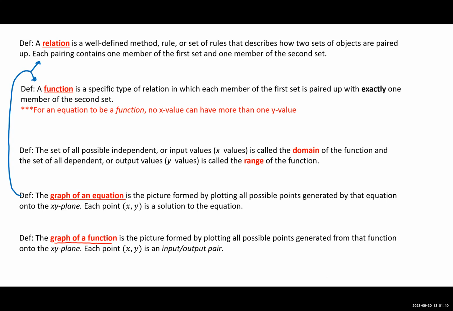Right? The graph of an equation, or an equation, can possibly also be a function, or it might not be. If we talk about the graph of a function, well, we're restricted only to the definition of functions.